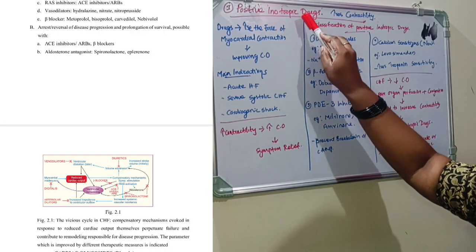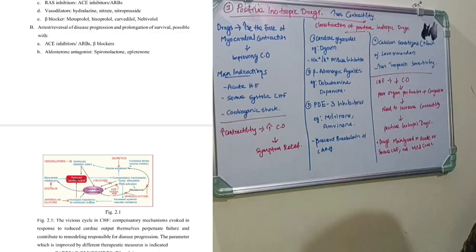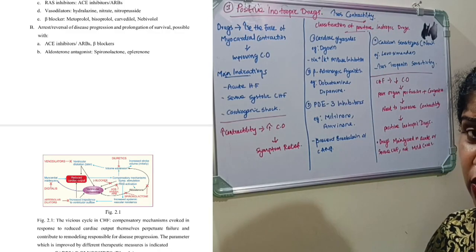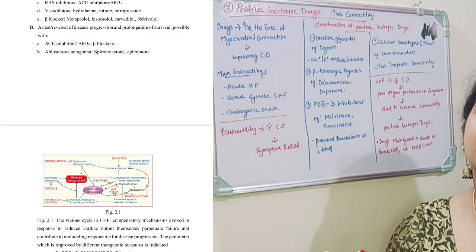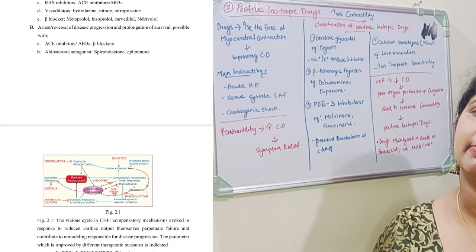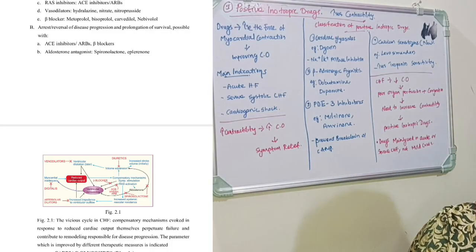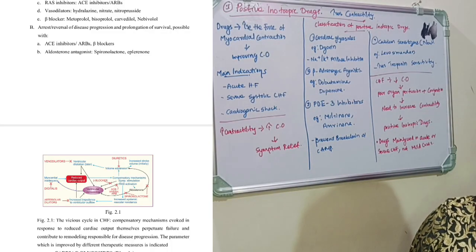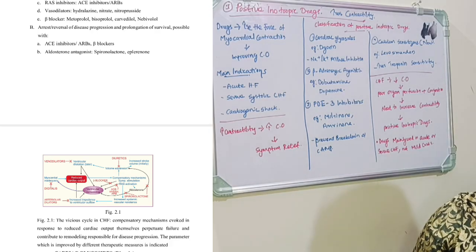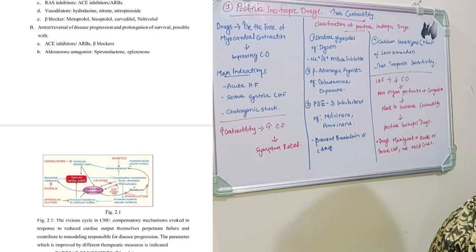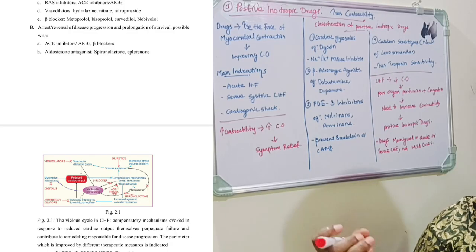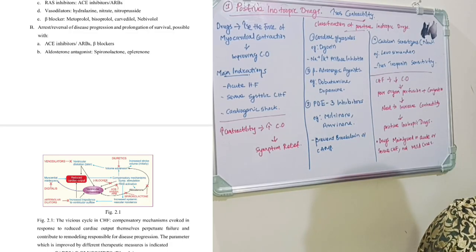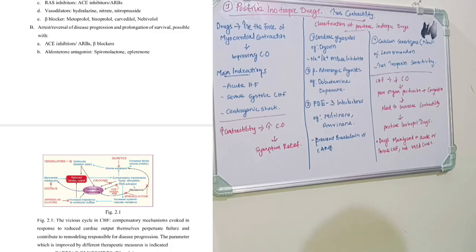When we have CHF, our heart will be weak, and so the blood will not be pumped sufficiently. A sufficient quantity of blood won't reach the body parts, so nutrient and oxygen supply will be affected.